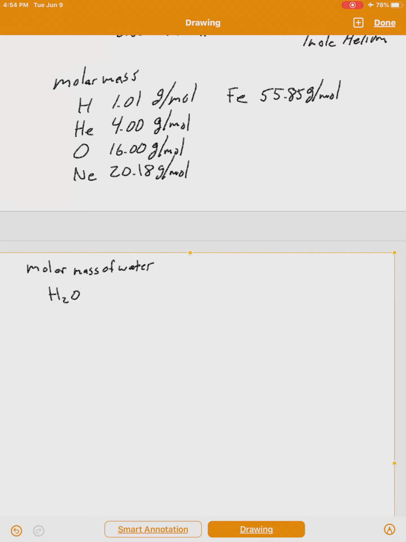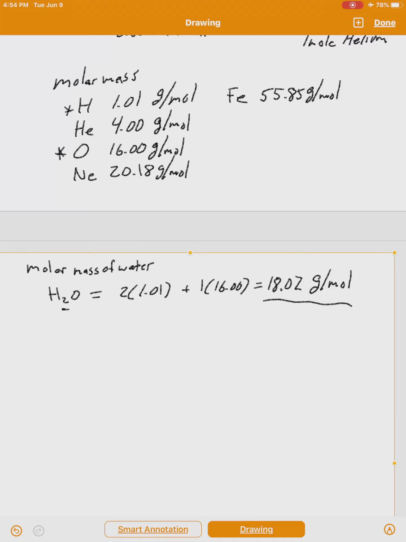So if you want to find the molar mass, all you got to do is look up the molar masses of each element in the periodic table and add them up. So there's 2 hydrogens, right, in water. So 2 times 1.01. There's only 1 oxygen, so 16.00. And you get 18.02 grams per mole. So 1 mole of water has a mass of about 18 grams.